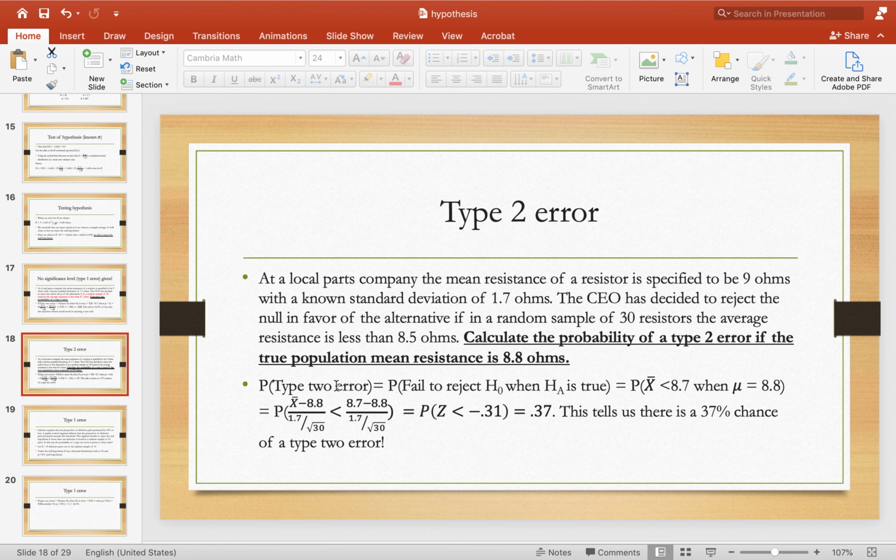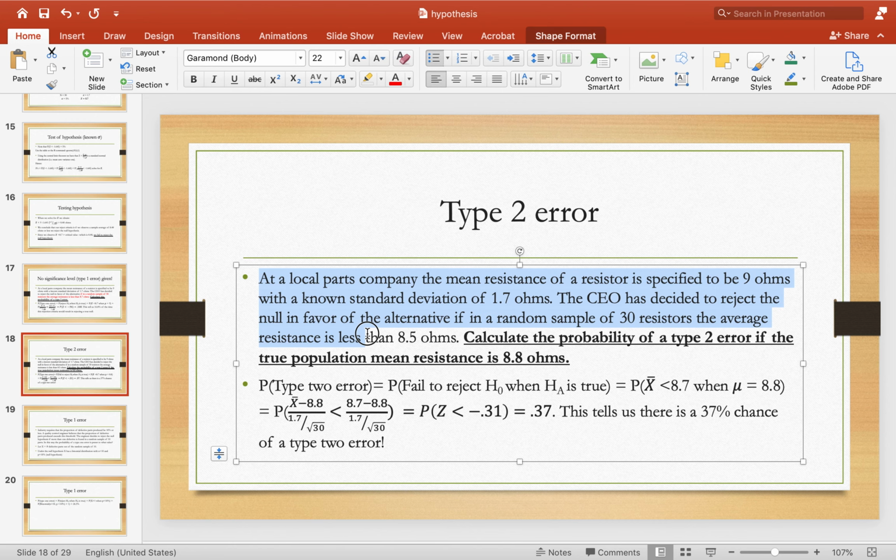Well, in our slides there was something called a type 2 error, and the problem reads pretty much the same. There's a typo there, that should be 8.7. So here's our rejection criteria. The average resistance is less than 8.7 ohms.